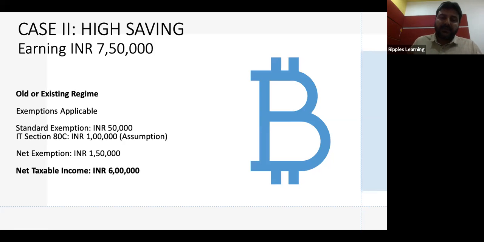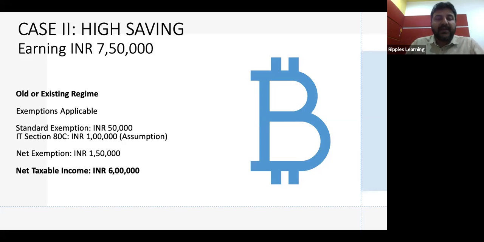The claim is 1 lakh rupees. Again, this is an assumption. So the earning remains the same, 7.5 lakh, right? 50,000 is standard deduction, which makes it 7 lakh, and 1 lakh under 80C makes it 6 lakh net taxable income.